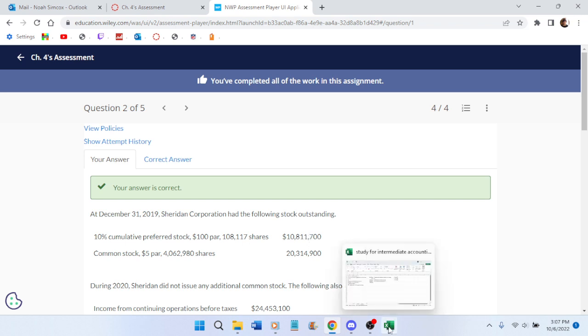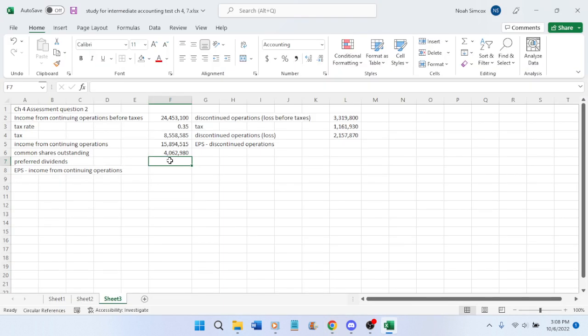So equals 10% of that, which you just take away a zero and you get 1081170.